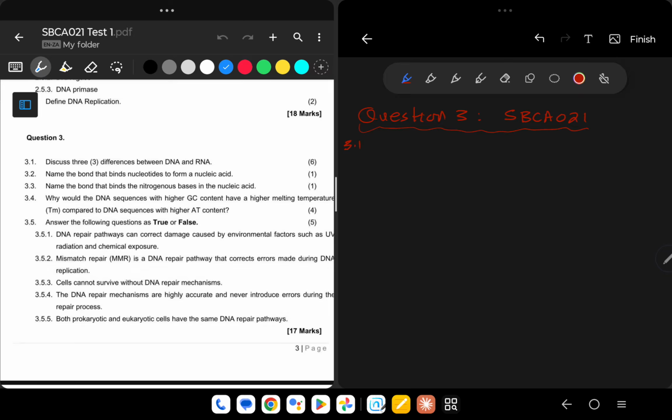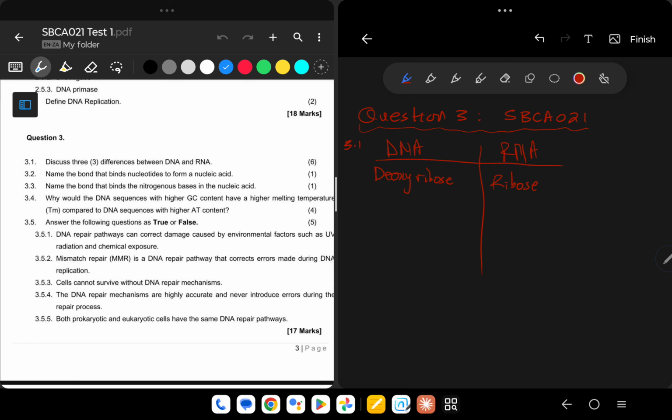When you discuss their differences, you can just start by tabulating between the two. Speak about DNA this side, RNA this side. The first thing you can use for differentiating is the sugars. The sugar in DNA is deoxyribose sugar, and the sugar in RNA is ribose sugar.